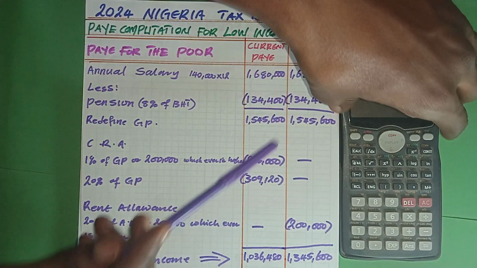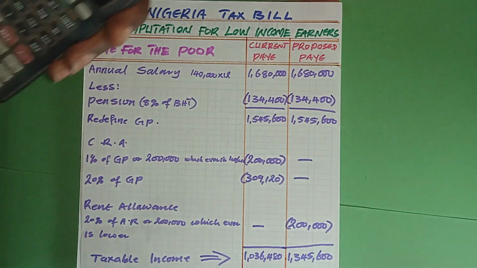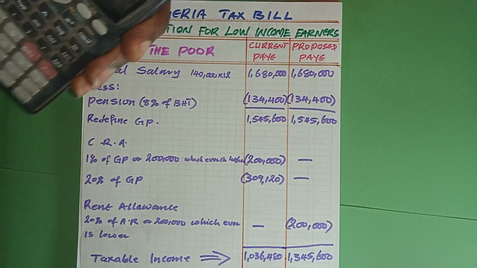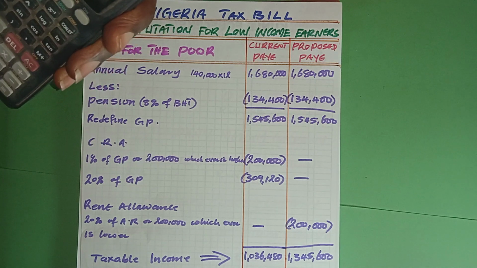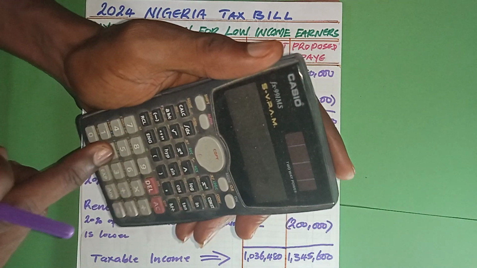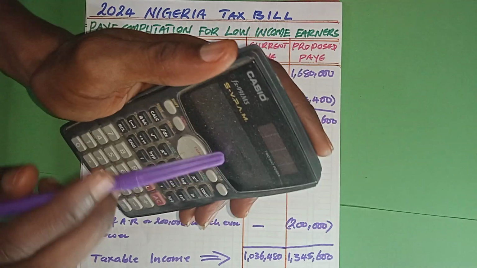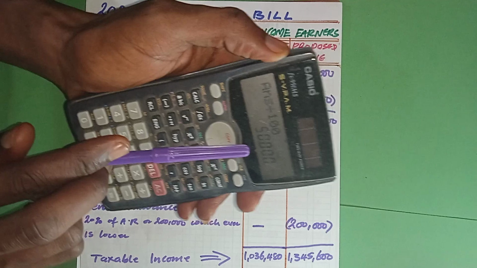Like if we check 20% of the rent, let's say for low income earners your rent is 250,000 naira for a year. Then 20% of it, 250 times 20 divided by 100, will give you 50,000 naira.